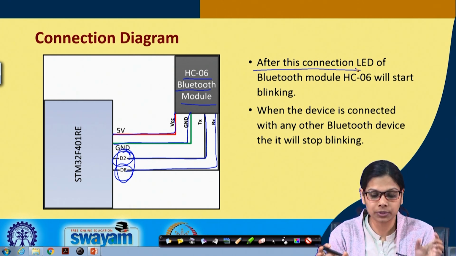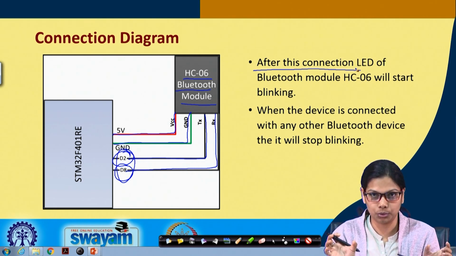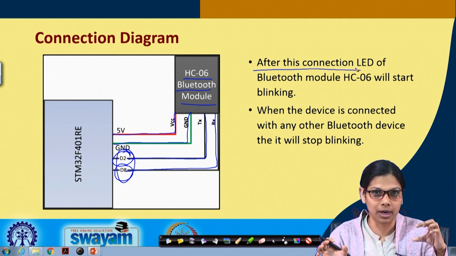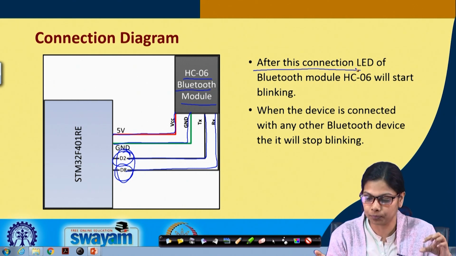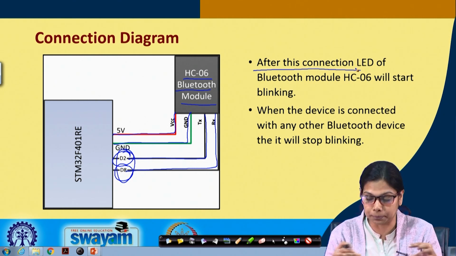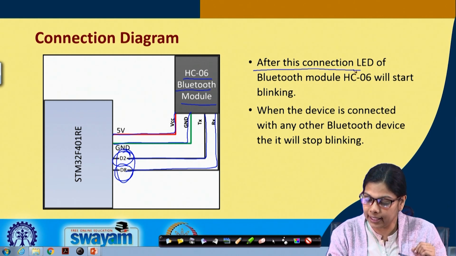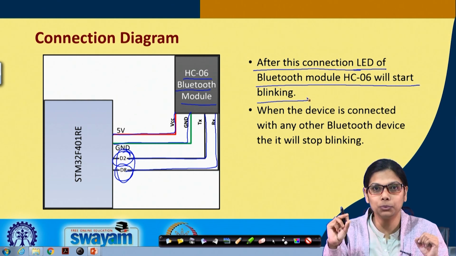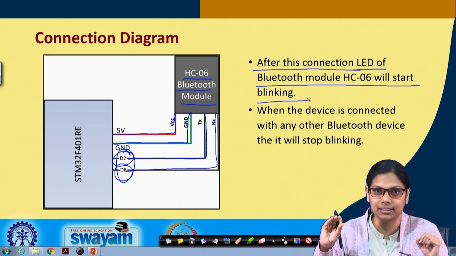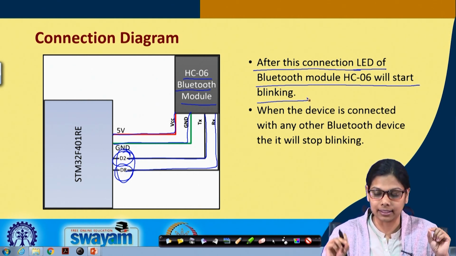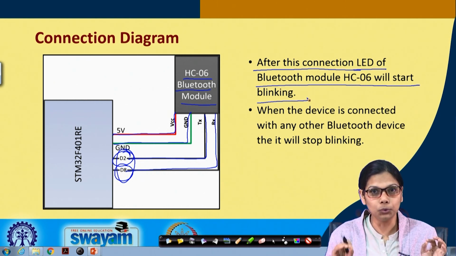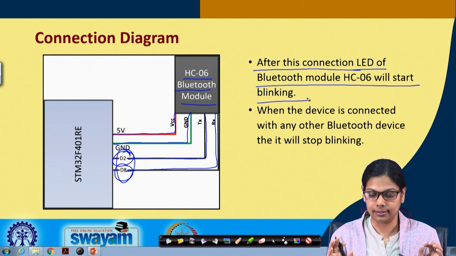When you try to connect, first of all, once the Bluetooth module interfaced with the STM is powered, the LED of the Bluetooth module will start blinking. That means the Bluetooth module is working fine.